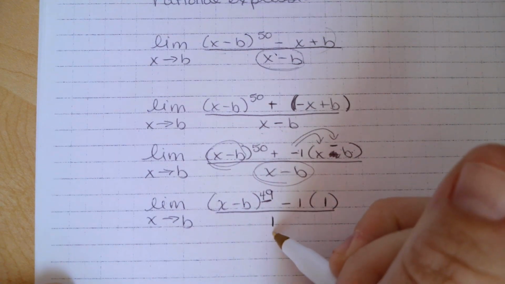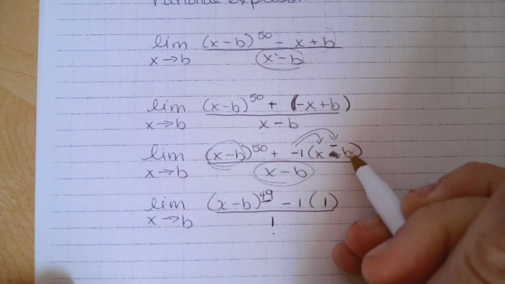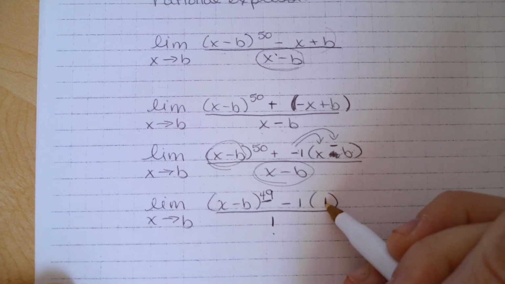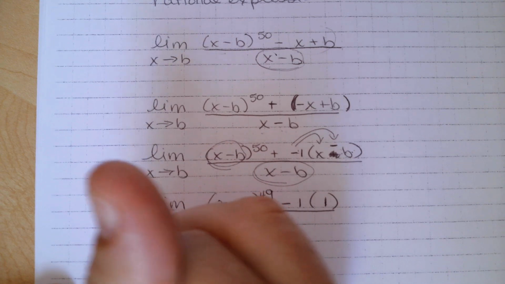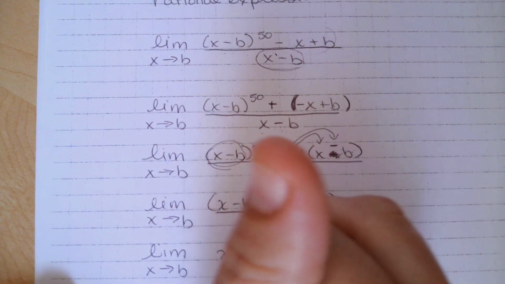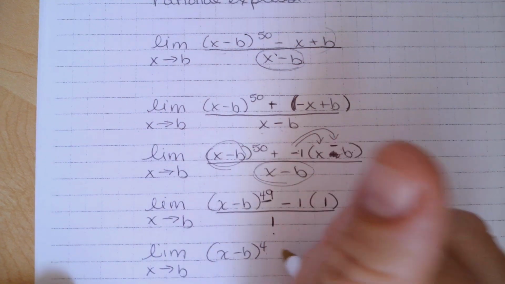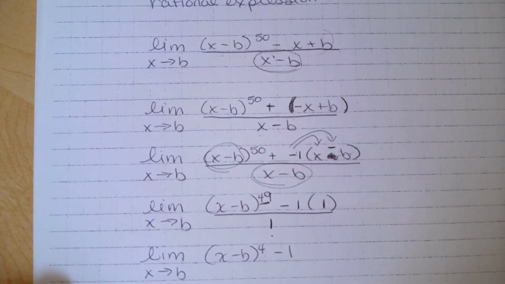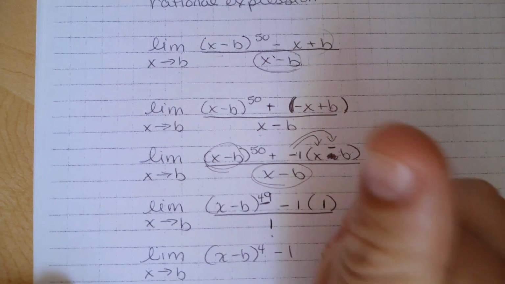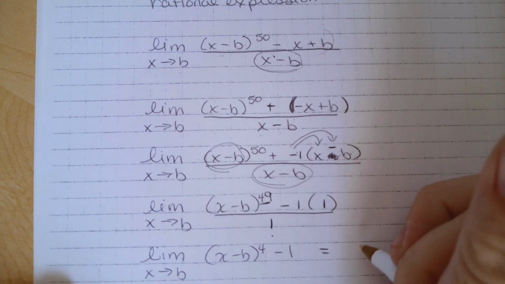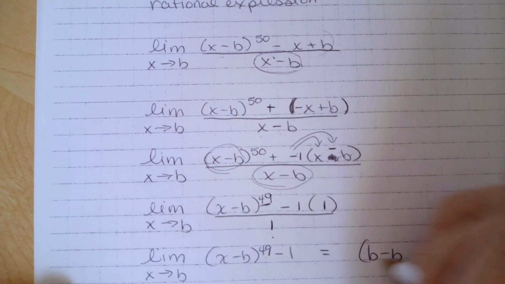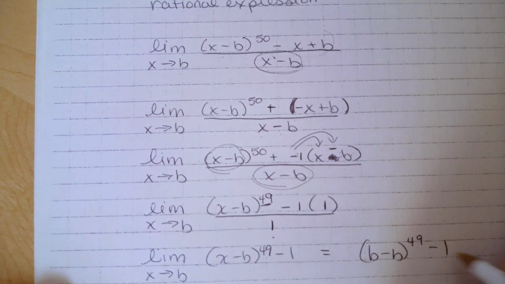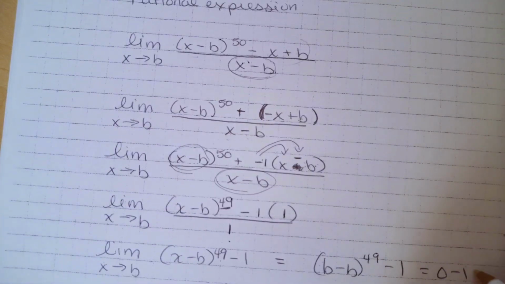This x minus b became a 1. This x minus b becomes a 1. And so if I clean this up, you get x minus b to the 49 minus 1. And so then the limit of this equals b minus b to the 49 minus 1 equals 0 minus 1 equals minus 1.